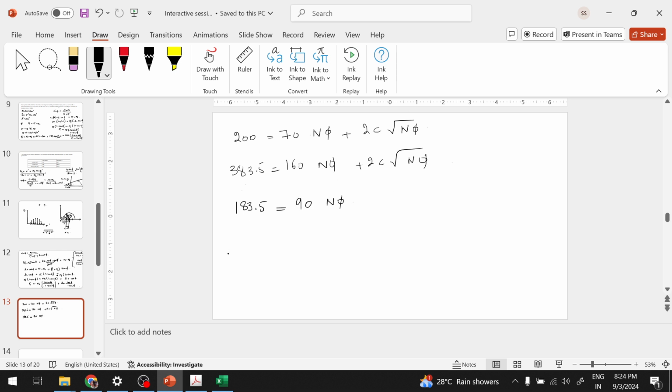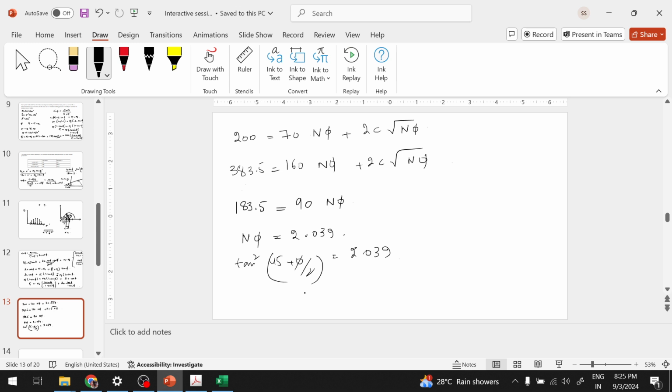So this and this will go. N phi will be equal to 183.5 by 90, which is 2.039. So this is tan square (45 plus phi by 2) equals 2.039.